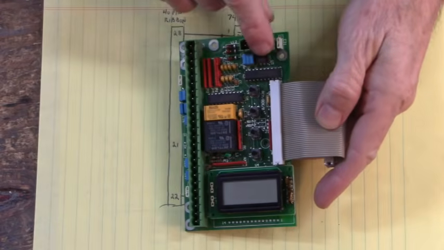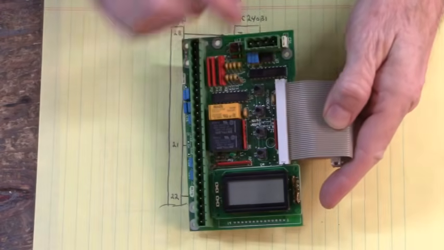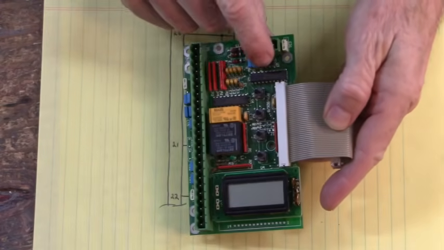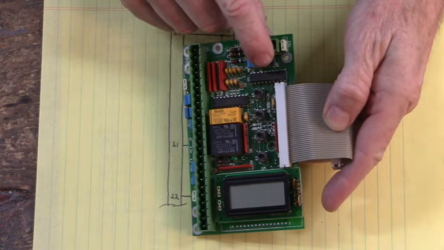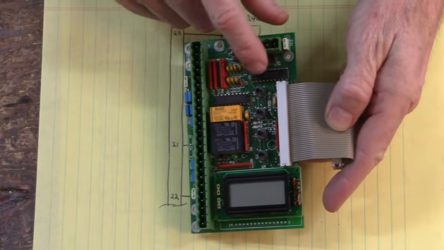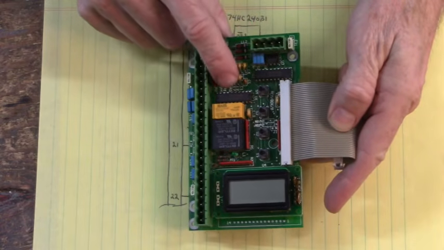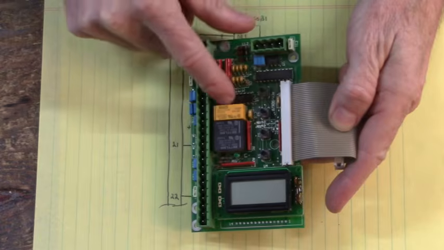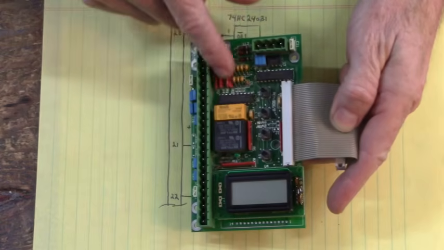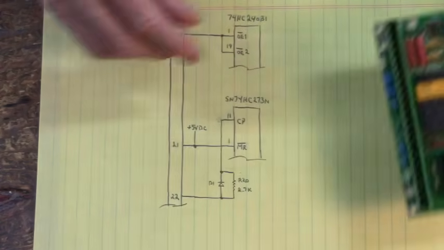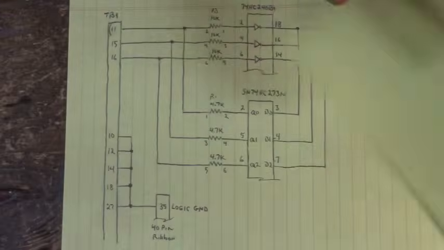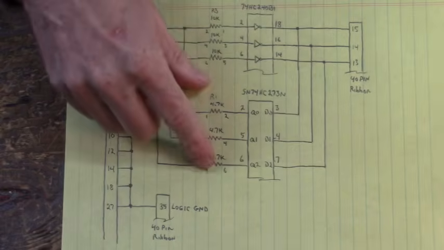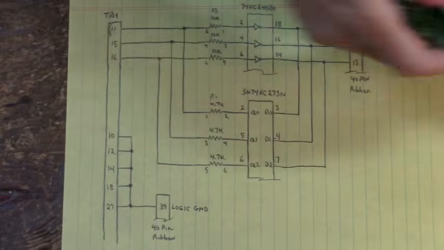This IC right here, we're back on the I/O display board, is your 74HC240. Your 74HC273 is right here beside this relay. Here's your resistors that we showed. Let me bring that page back in. There's your 10K resistors and your 4.7K ohm resistors.